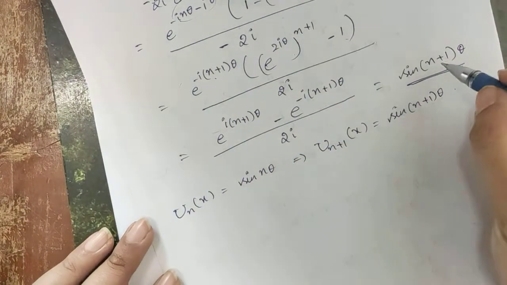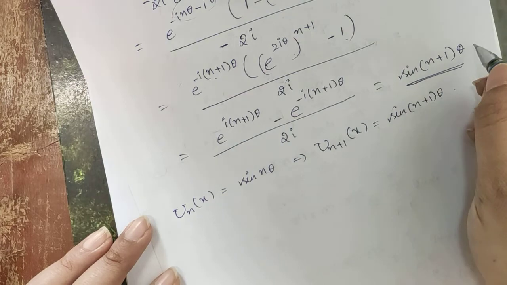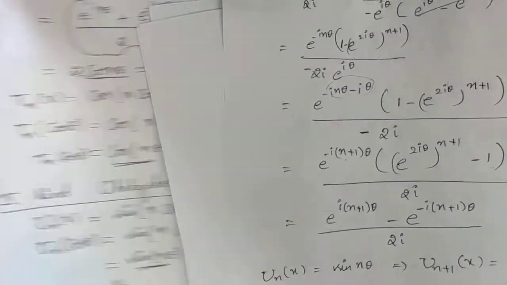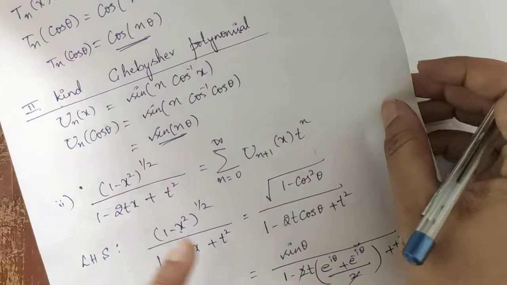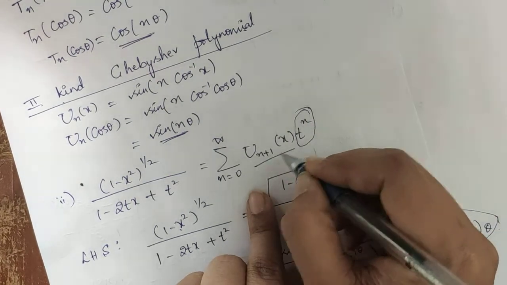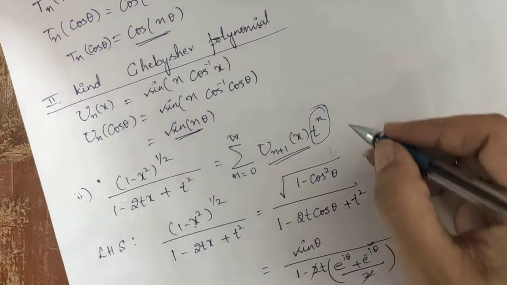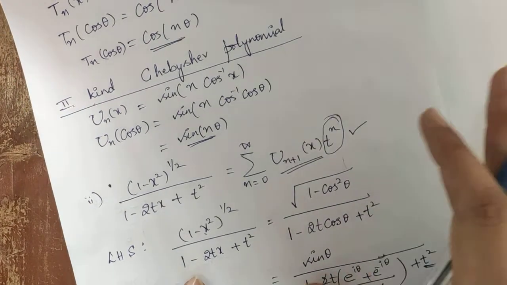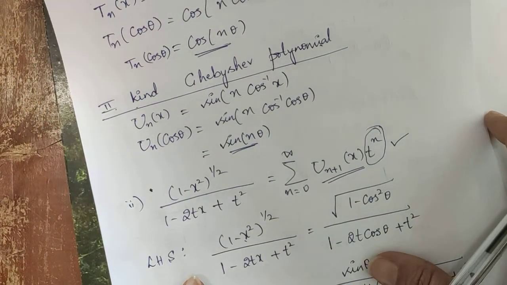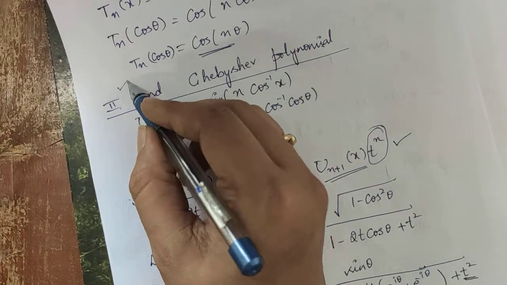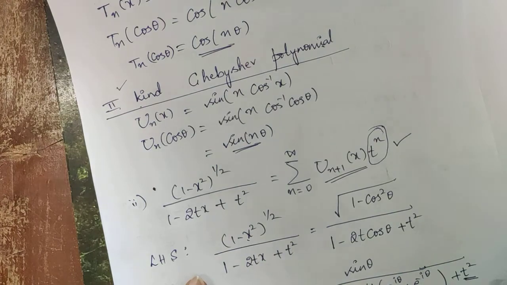So in the LHS part, I am getting the coefficient of t power n as sine of (n plus 1) theta, which is equal to the RHS part's coefficient of t power n. That means this generating function result holds good. So this is all about generating function for Chebyshev polynomial for both first kind as well as second kind. Thank you.